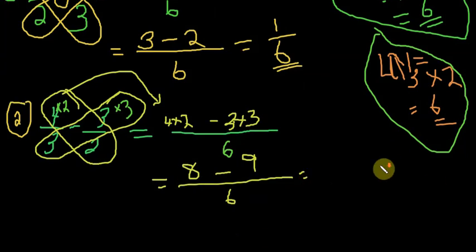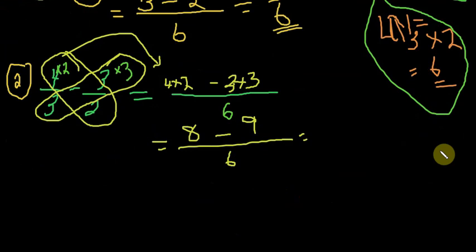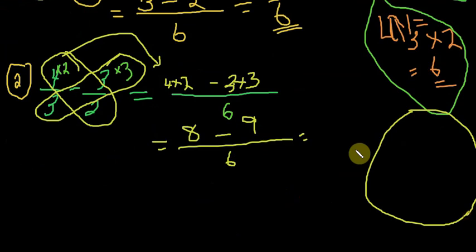So 8 minus 9. We haven't done negative numbers yet, but I'll show you how to handle it. We'll do integers later on in another lesson, but for now, 8 minus 9 can't be done that way on your calculator.